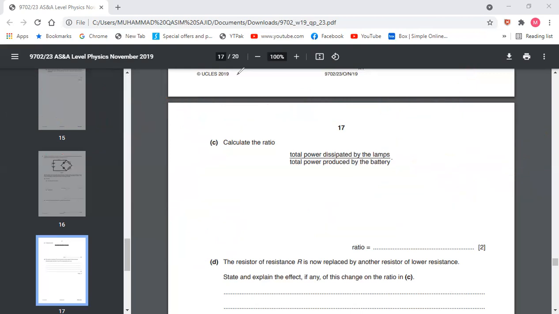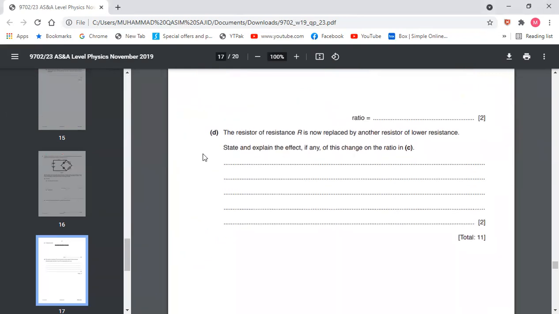Now for part D, the resistance R is replaced by another resistance of lower resistance. State and explain the effect, if any. So sir, see, the power ratio will decrease because the voltage has decreased, and so has the resistance.